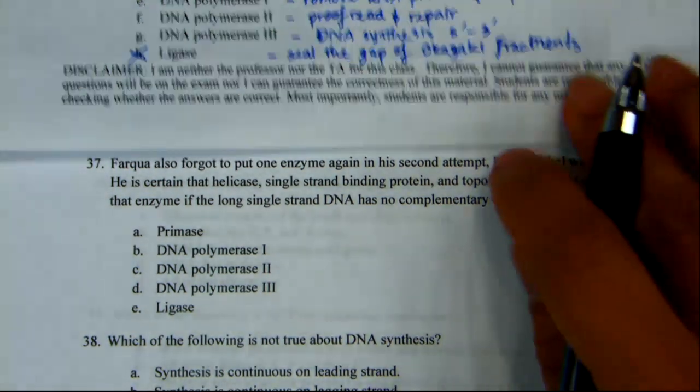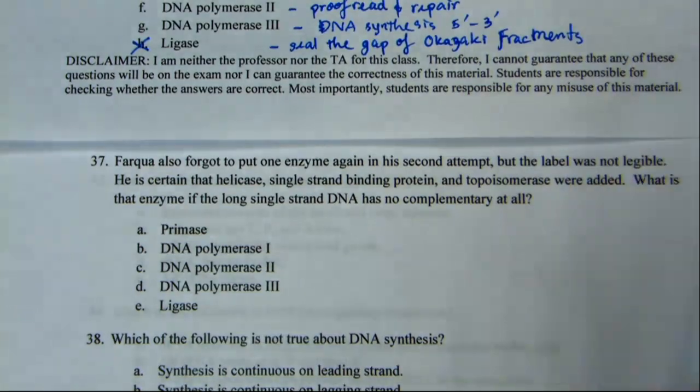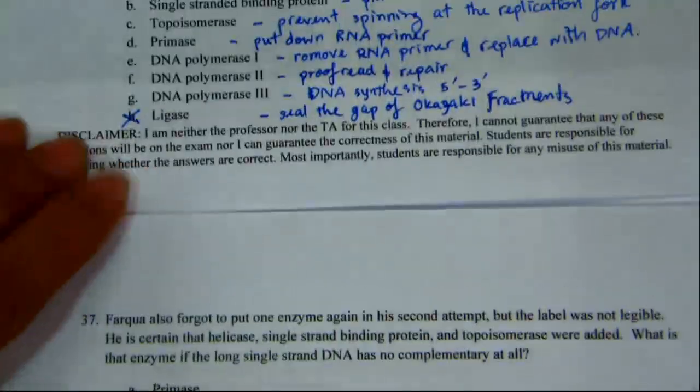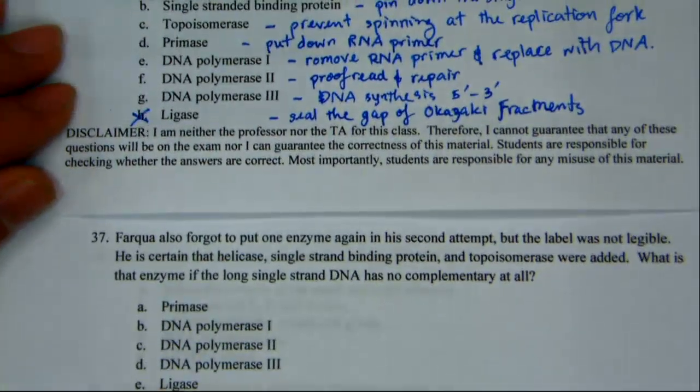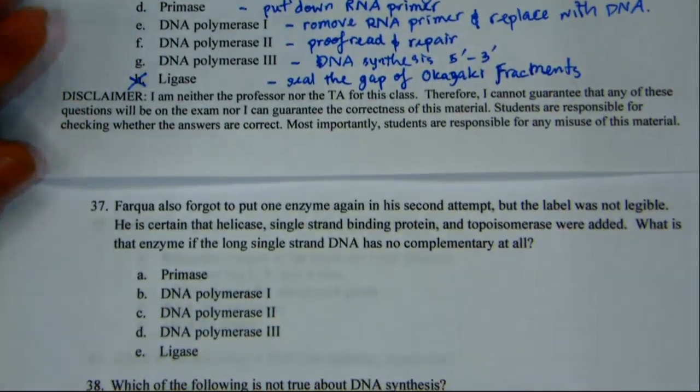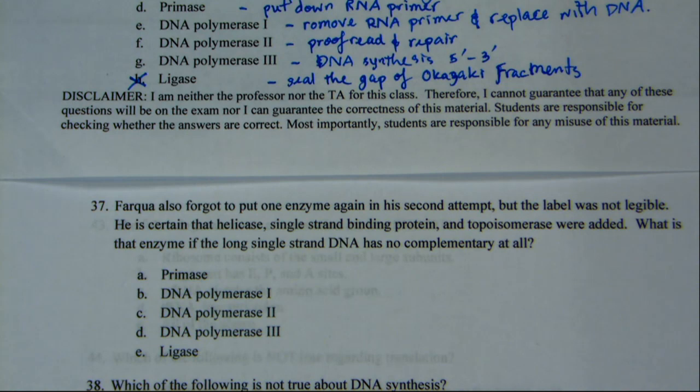Okay, so number 37. This guy again forgot to put one enzyme in the second attempt, but the label was not legible. He's certain that the helicase, single-stranded binding protein, and topoisomerase were added. What is that enzyme if the long single-strand DNA has no complementary strand at all?